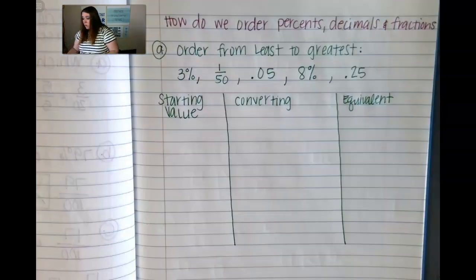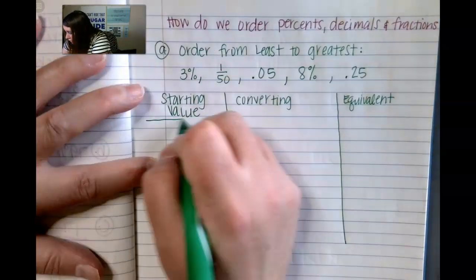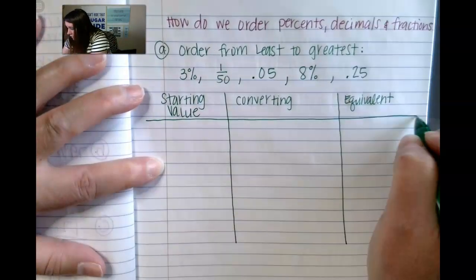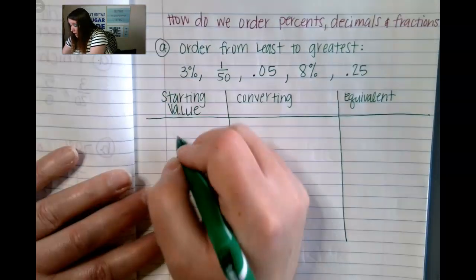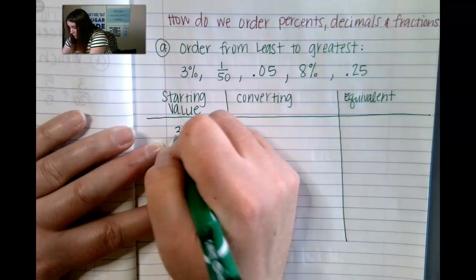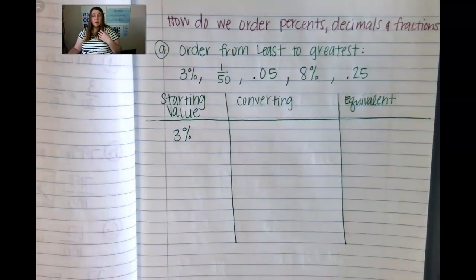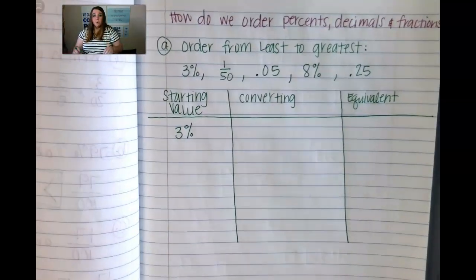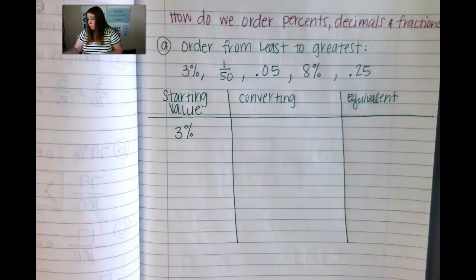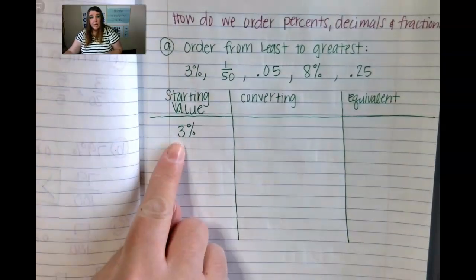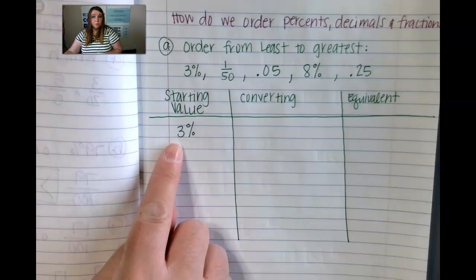All right, so we're going to go ahead and first look at this first problem, 3%. So I am given 3%. I'm going to decide right now what format I want to work in. Well, I prefer percentages. I said before that I like percentages because it's a whole number, and I like comparing whole numbers. So I'm going to stick with percentages.